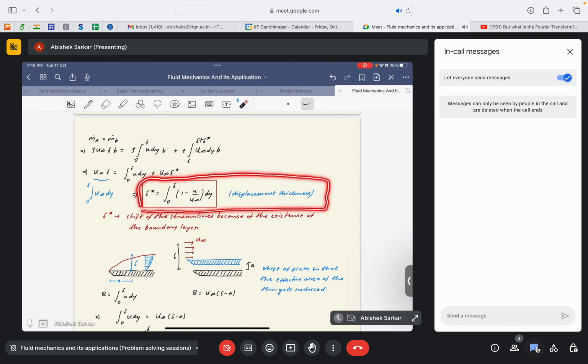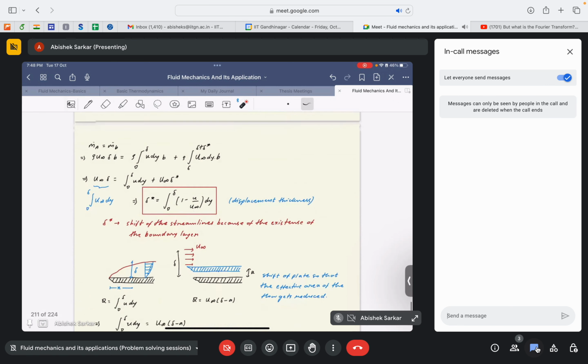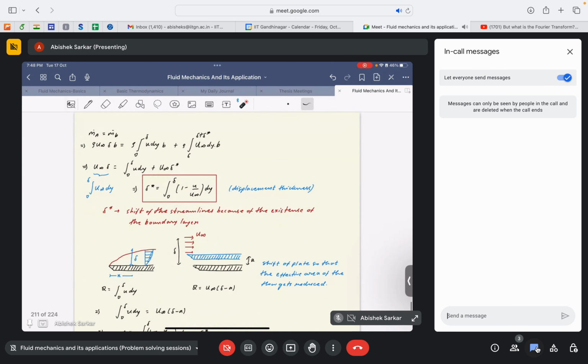From the perspective of GATE or any other competitive exams, this expression is quite important. Why? Because they will give you several integral expressions that might be quite similar. They may give you a square term here instead of the linear term, or another term here or there. They will give you different expressions and ask which of these denotes the displacement thickness. Then you need to tick the right one.